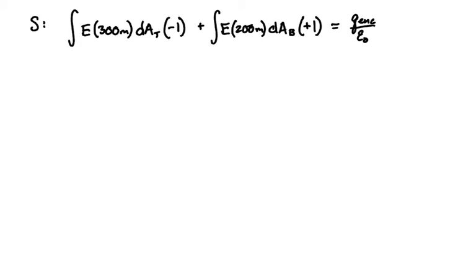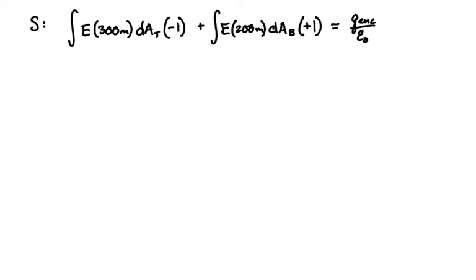So for this first one, the first question you have to ask is, does it matter where in that top square I measure the electric field? And the answer should be no. Anywhere at 300 meters, I'm going to see the same magnitude of the electric field.